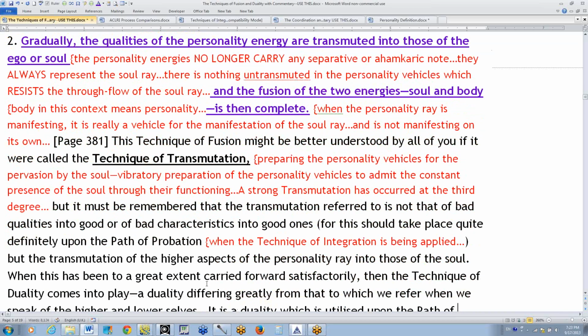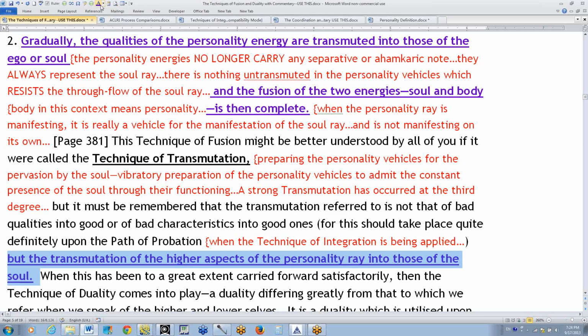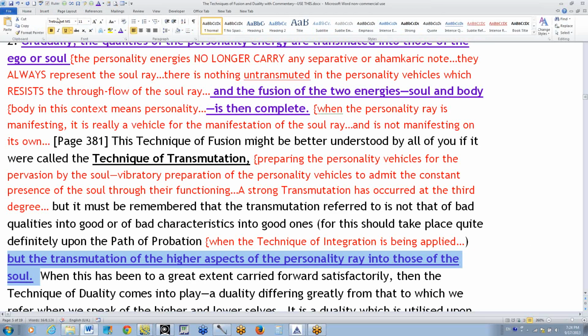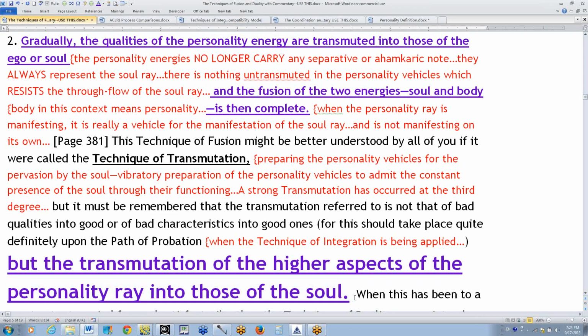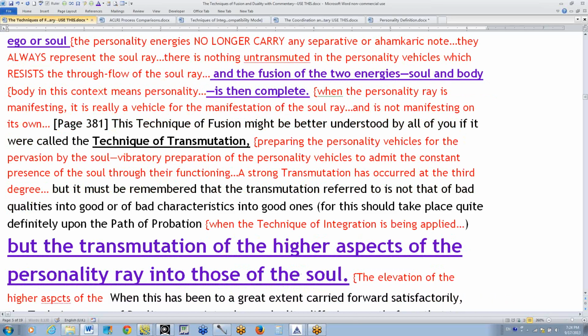But the transmutation of the higher aspects of the personality ray into those of the soul, this is somehow important, really. The elevation of the higher aspects of the personality ray into soul qualities.